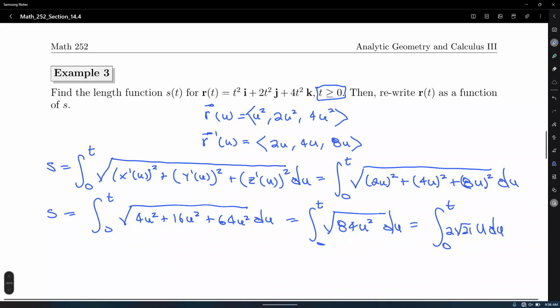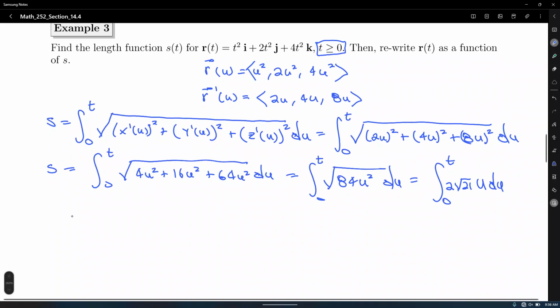So that's just going to be a multiple constant. Let me take it outside of the integral. That'll be a lot easier. 2 root of 21, integral of u du from 0 to t. So that'll be 2 root of 21, and that's u squared over 2 from 0 to t. These two, of course, are going to get canceled.